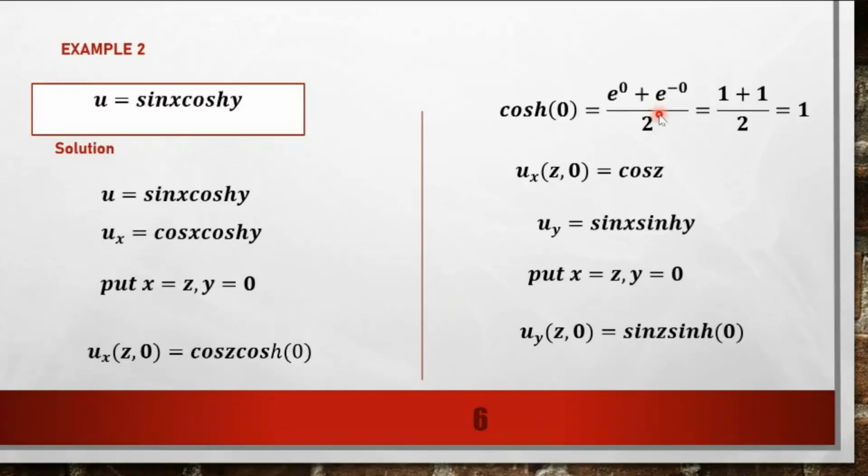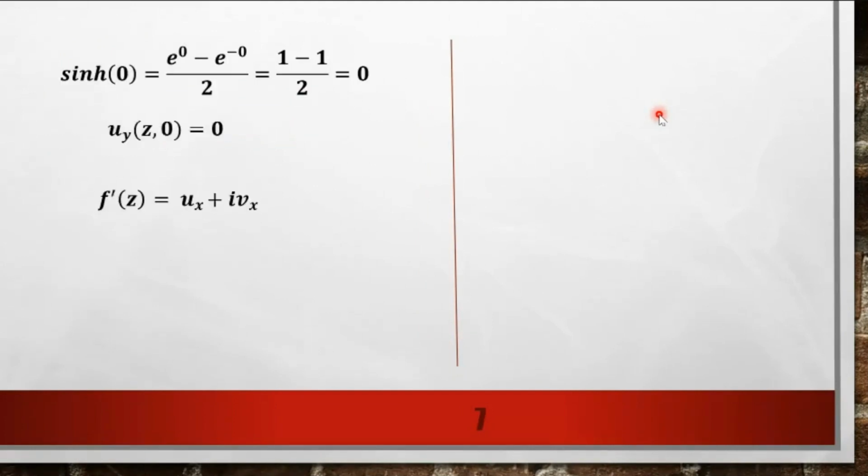ठीक है, u दिया है, हमने ux निकाला है, uy निकाला है. Put x equal to z, y equal to 0, and then substituting for cos h 0 sin h 0 by using the basic definition of the hyperbolic function. तो हमारा क्या आया, ux I got it as cos z, right? ux is cos z and uy is equal to 0.